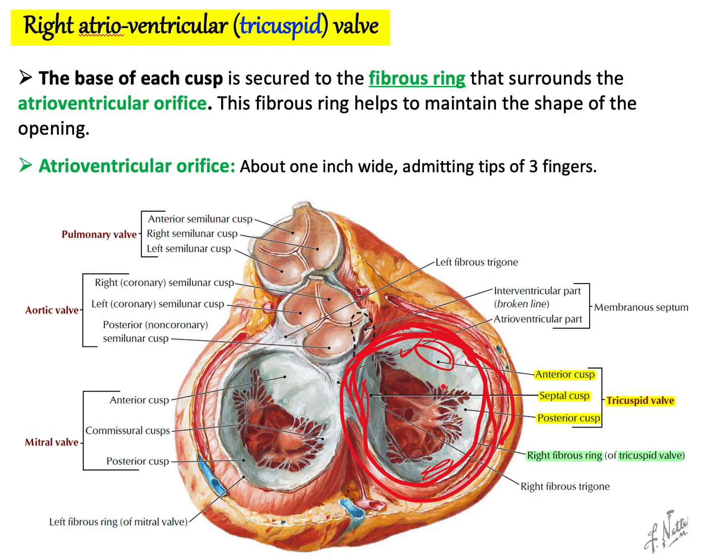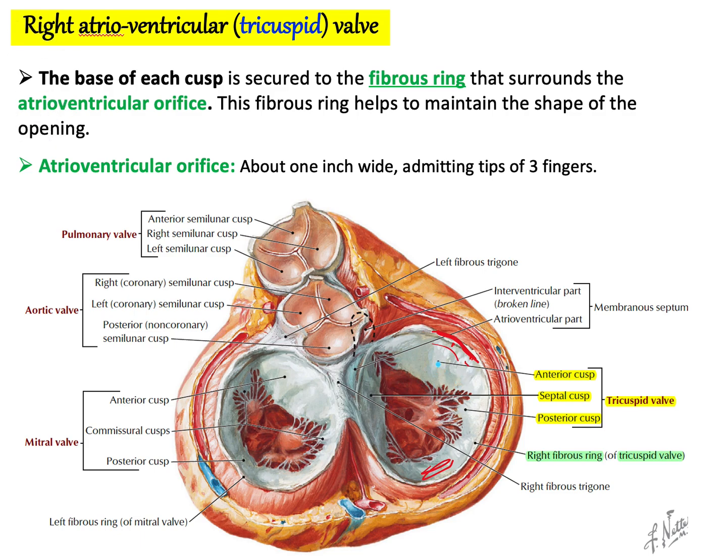The opening of the right atrium, what we call the atrioventricular orifice, is about 1 inch wide, which is enough to admit the tips of 3 fingers, right? Furthermore, guys, I would show you this also.